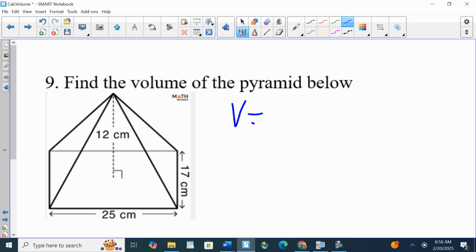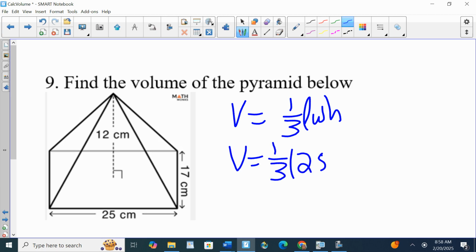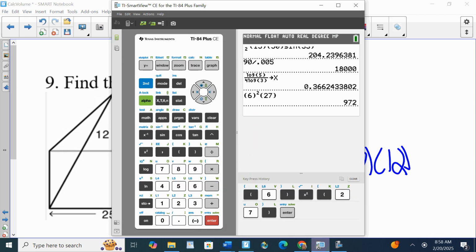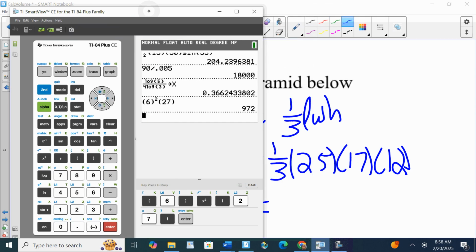Pyramid is length times width times height, 1/3. V equals 1/3. The length is 25. The width is 17. The height is 12. Make sure the height is straight up and down. If it's not, if it's the slant height, we'll talk about that later on. Pop it into the calculator.